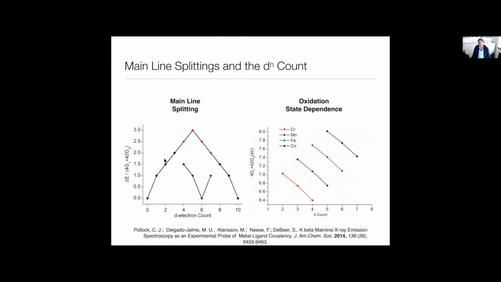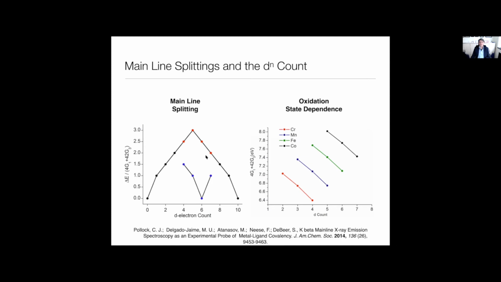And so you see, the more unpaired electrons you have in the ground state, obviously the larger the splitting of the mainline will be, because there will just be more exchange interactions with the 3p5 shell. This is the curve drawn for high spin states, and here in blue are the respective low spin states.